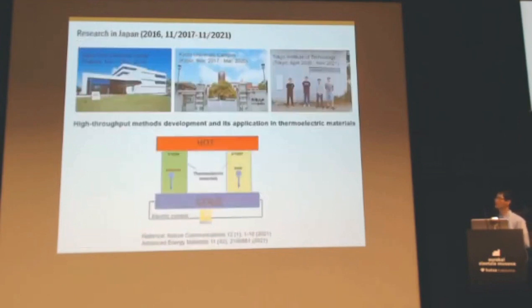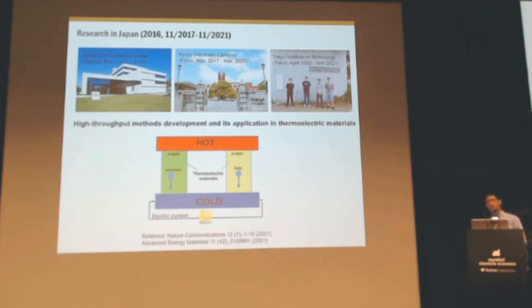I spent the latest years in Japan, at the Japan Fine Ceramics Center in Nagoya, Kyoto University, and Tokyo Institute of Technology. There I developed some software using high-speed methods to accelerate materials discovery, and applied these methods to study thermoelectric materials.